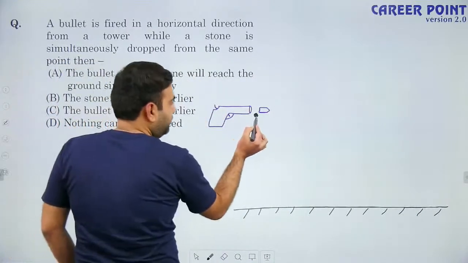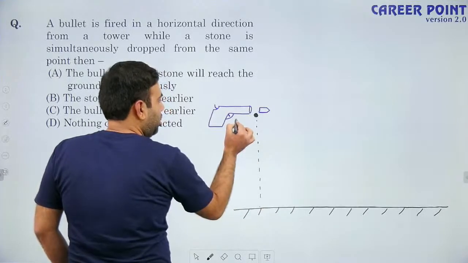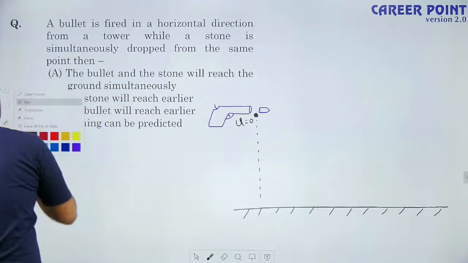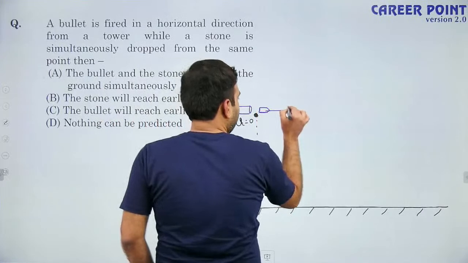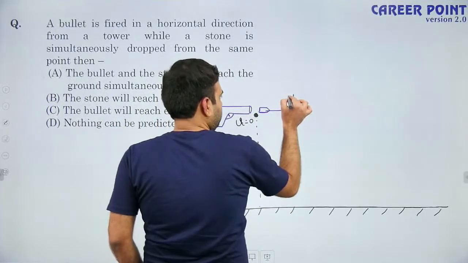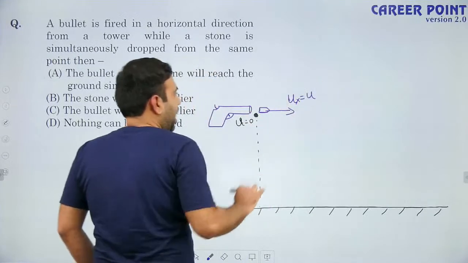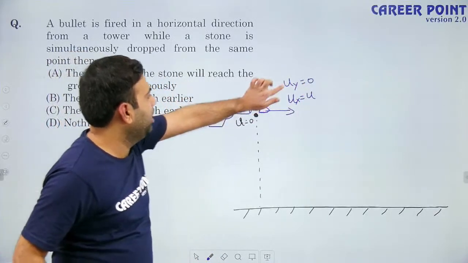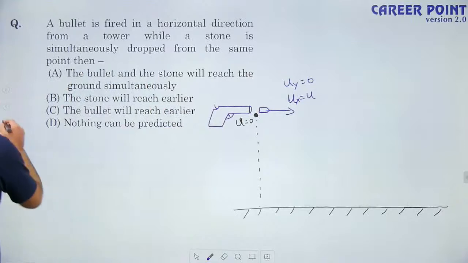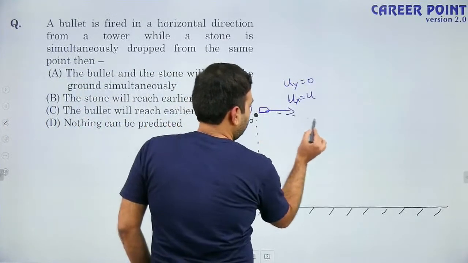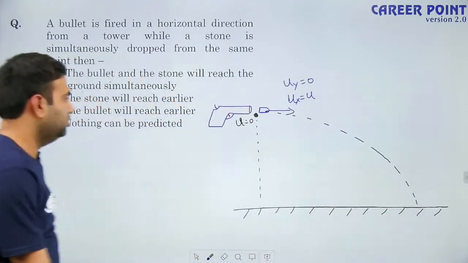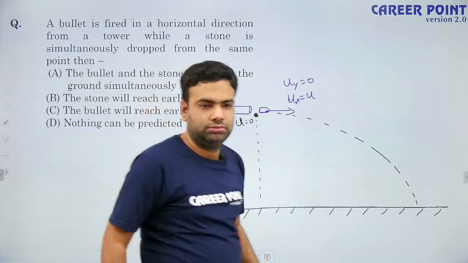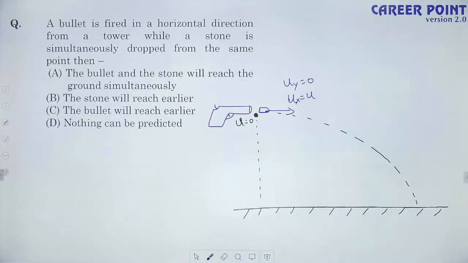Then path of the stone will be like this, vertically downward, because its initial velocity is equal to 0. If I talk about the bullet, suppose the bullet is having some initial velocity u, so ux is equal to u, and initial velocity of bullet in y direction is 0. Both stone and bullet, their initial velocity in y direction is 0. Path of the bullet will be like this. It is asking to compare the time taken by both of them to reach the ground. Think what we can do.